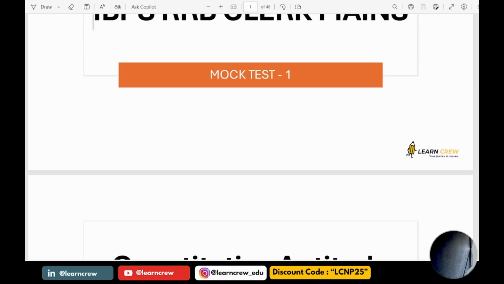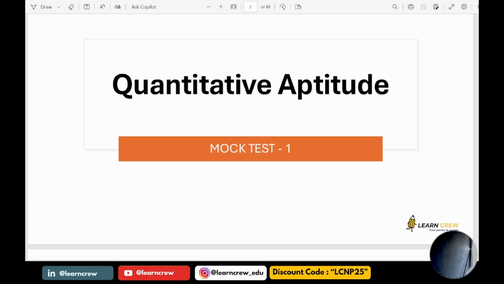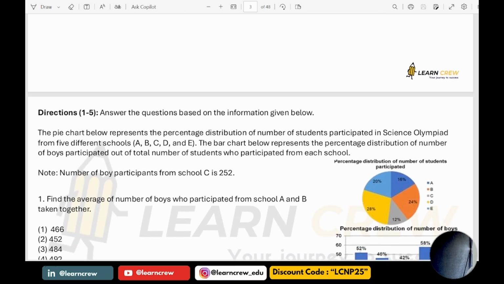If you follow these 5 mock tests properly, then certainly you will have a lot of advantage, you will get a lot of confidence and you will get good practice. In this Fantastic 5 test series of Learncrew's initiative, today we are going to discuss the first mock test, Quantitative Aptitude section, IBPS RRB Clerk Mains, right?